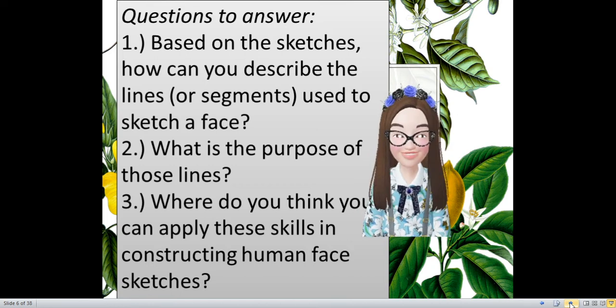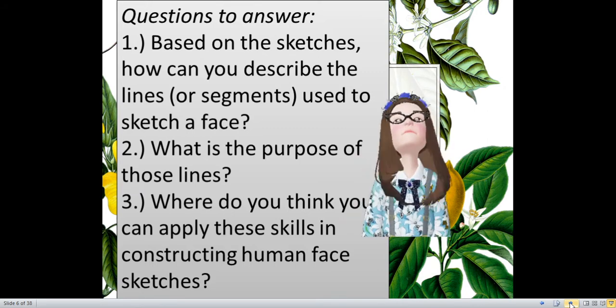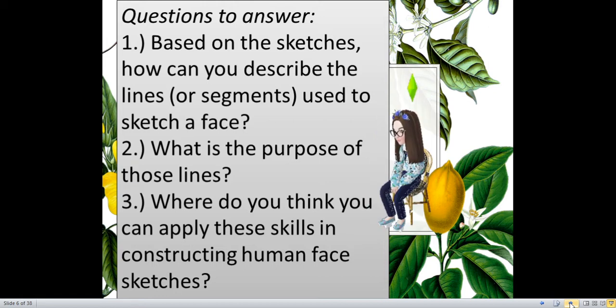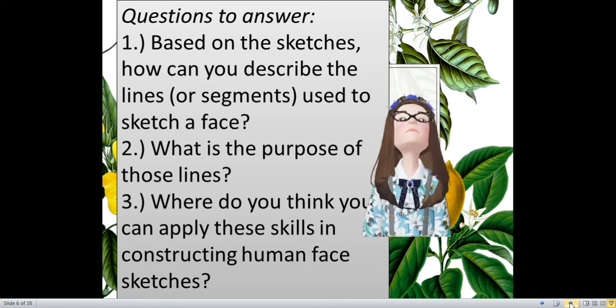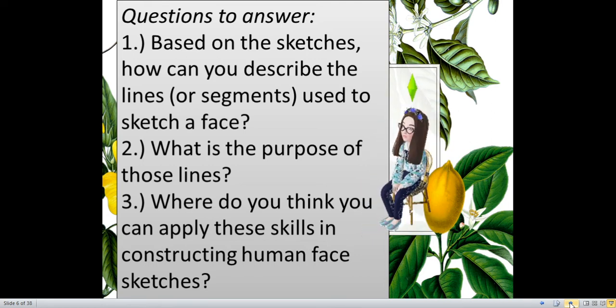Next, what is the purpose of those lines? Next, where do you think you can apply these skills in constructing human face sketches?